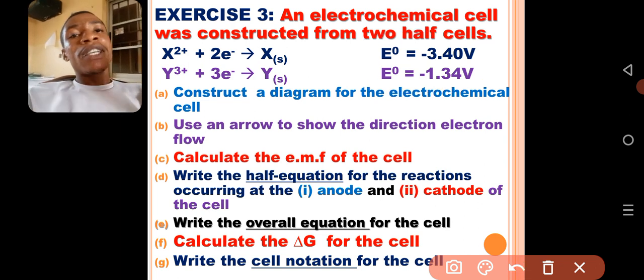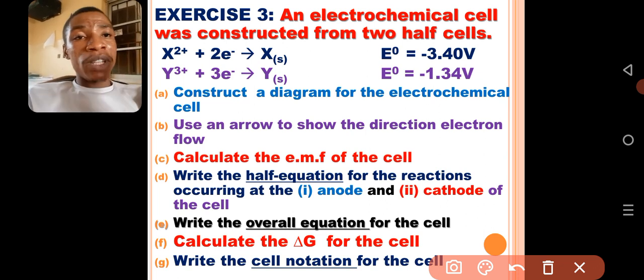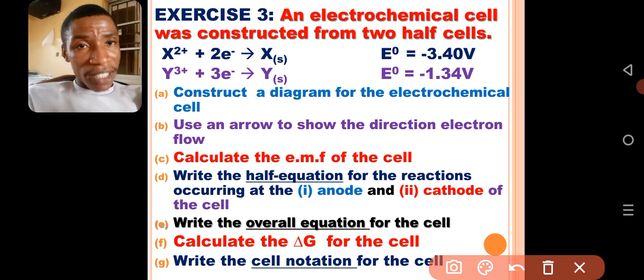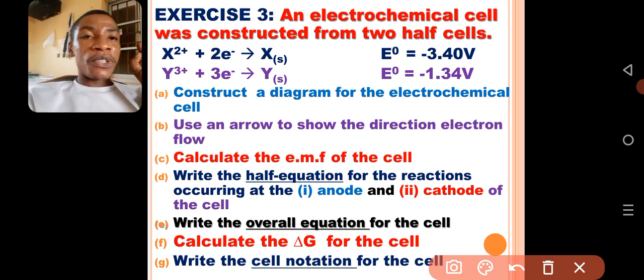The one with more electropotential, that one is going to be cathode. The one with less electropotential, that one will be anode. Take the minus into consideration. -1 is bigger than -3. Take note of that.